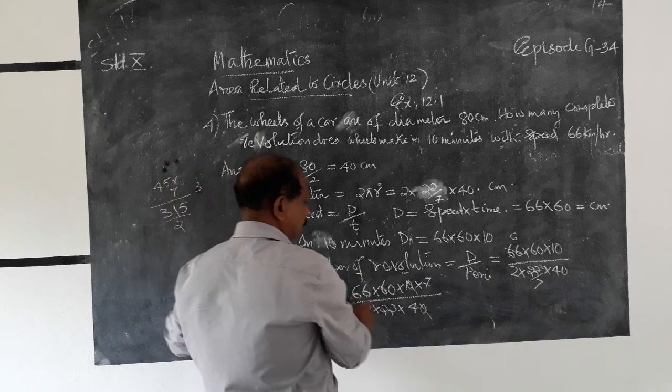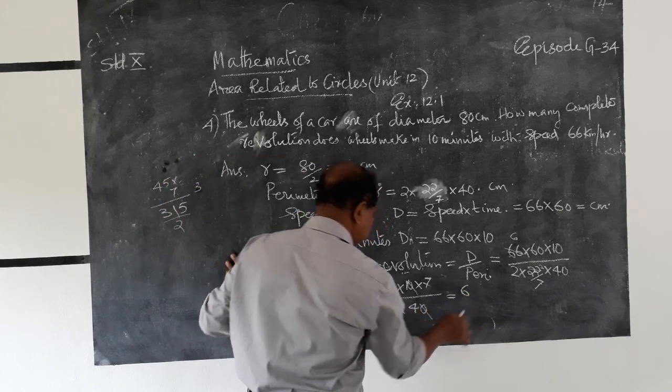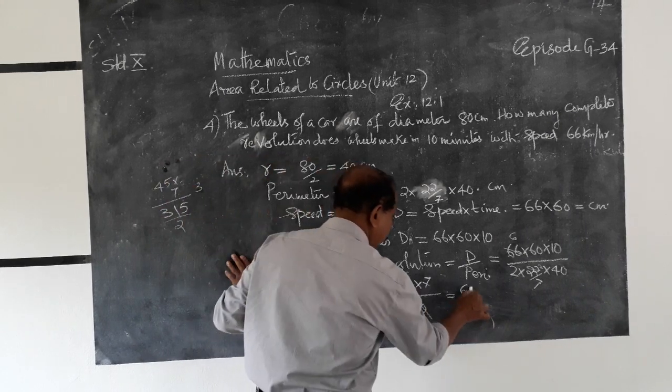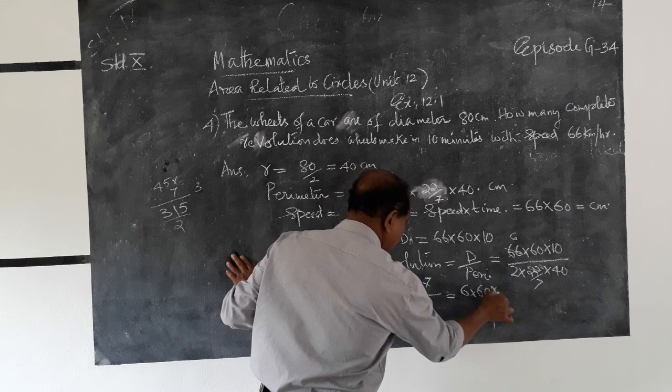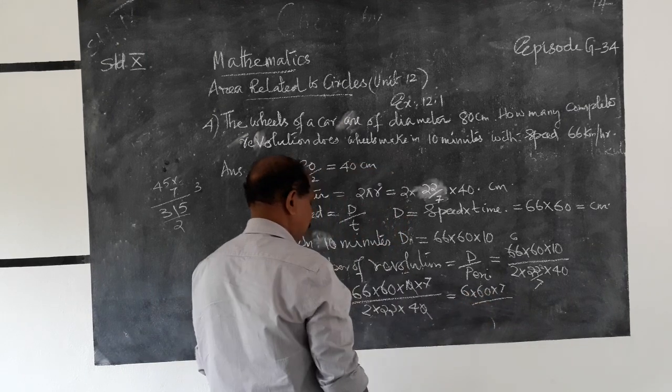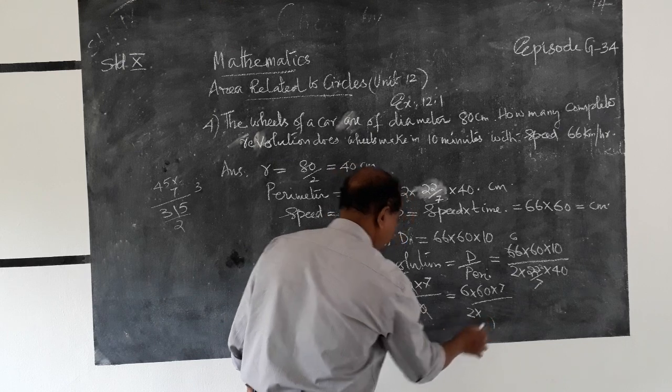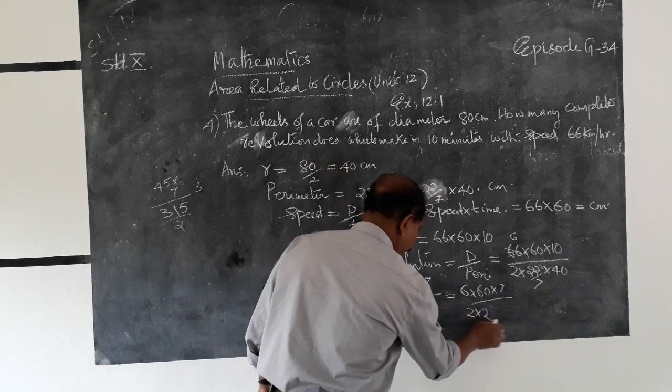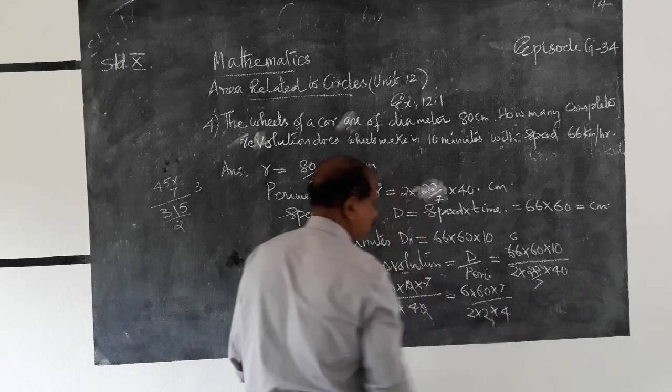Then 66 by 11 is 6, into 60 into 7 by 2 into 2 into 4.